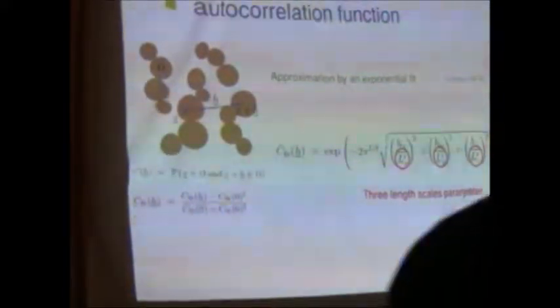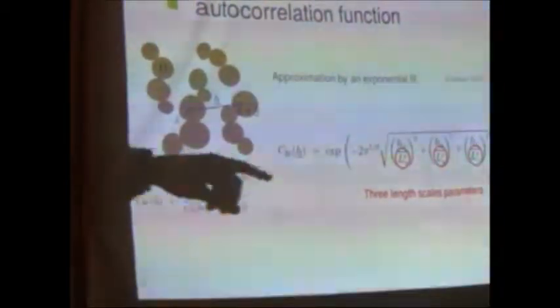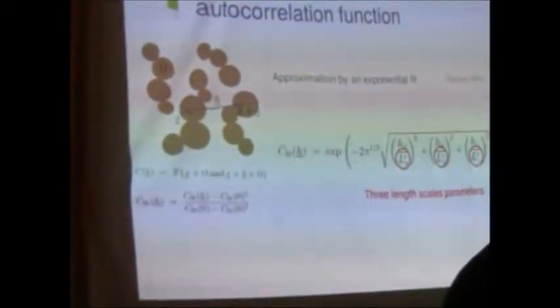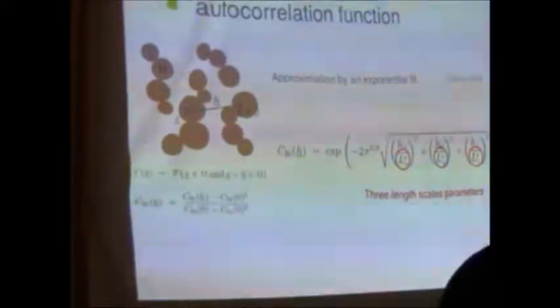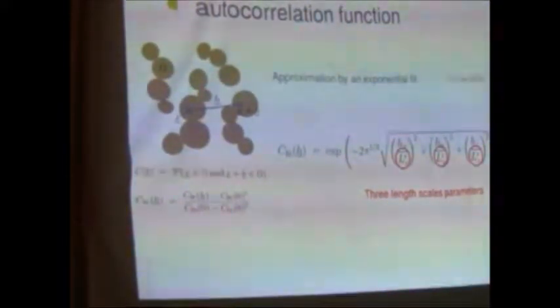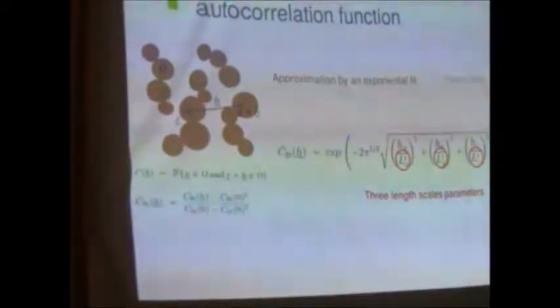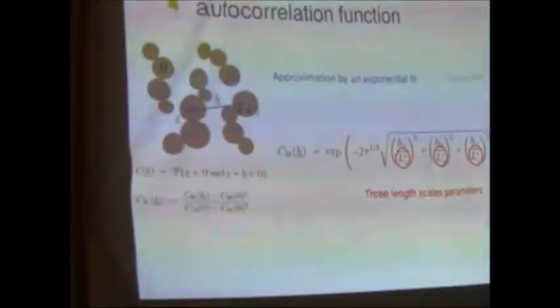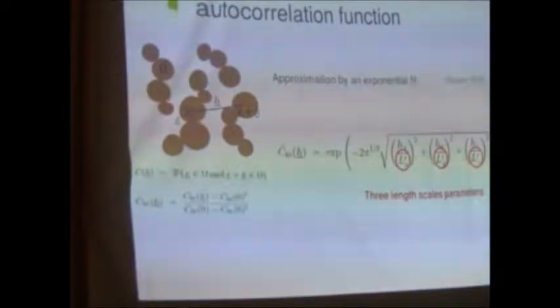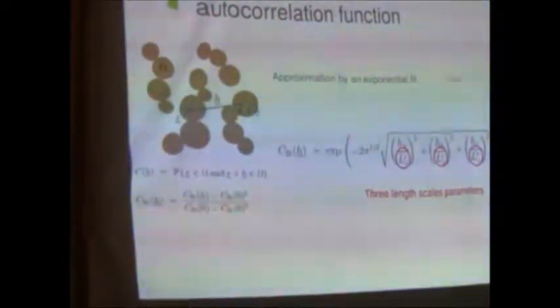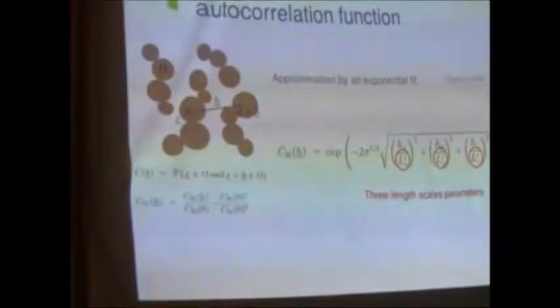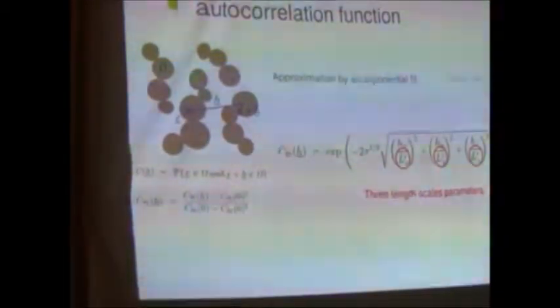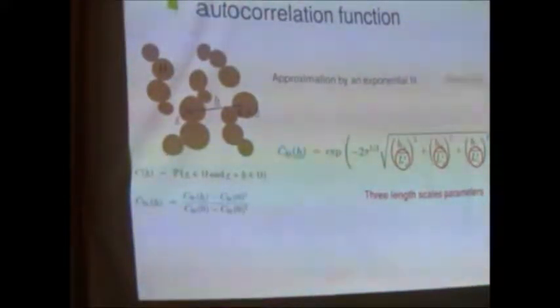So I use this kind of fit, which is an exponential fit, which doesn't have a strong physical meaning, but at least respects the initial and final values of the autocorrelation function, and also the fact that the tangent at the point h equal to 0 is not null, and is equal to the specific surface of the material.